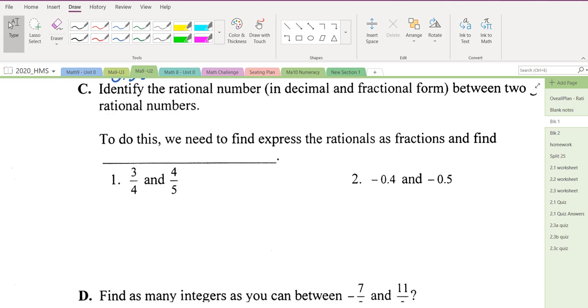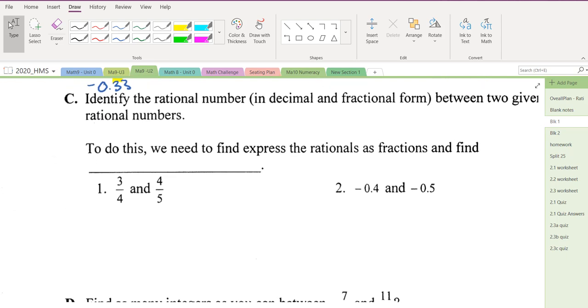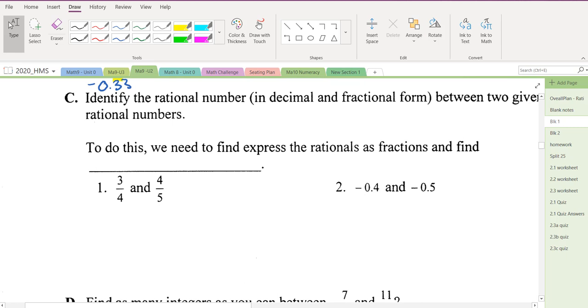Okay. So the next question, we've got 2 numbers, or rational numbers, and we want to find the fraction that exists in between these 2 numbers.